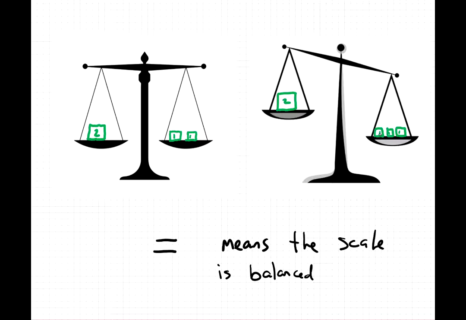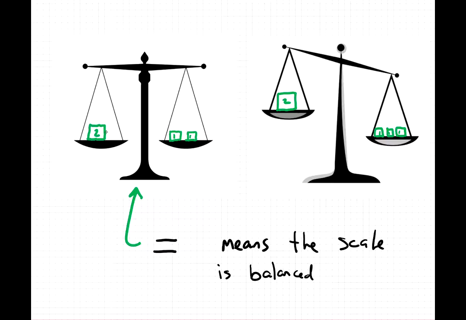So what we want is, we want this. Equal means balanced. And if you think about the scale visually, we could add more weight, or we could take weight away, but the only way that we can make changes and maintain the balance is if we do the same thing to both sides.